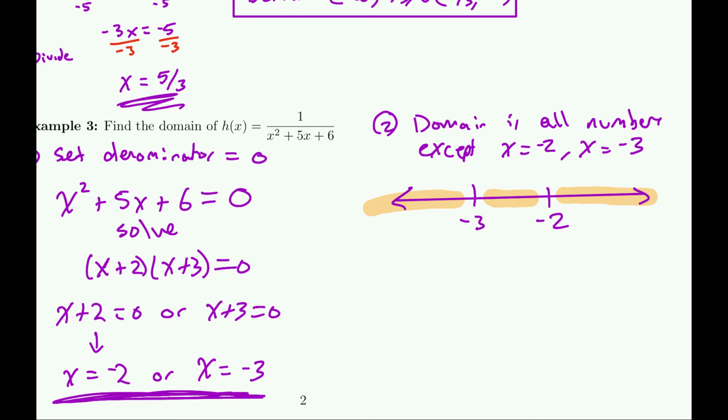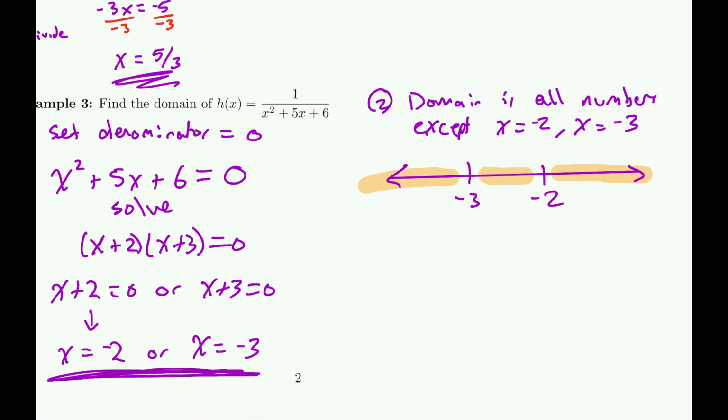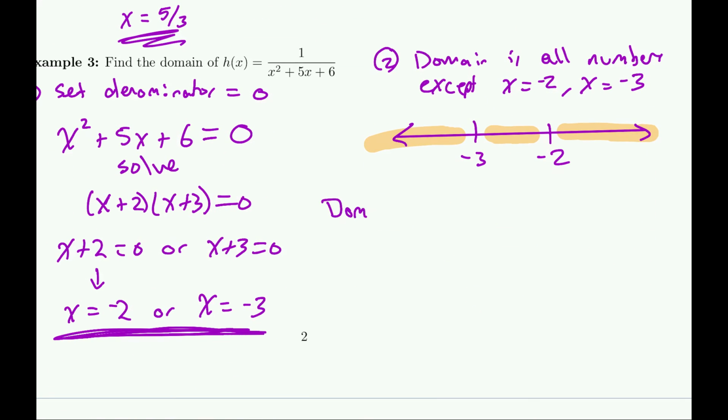Because what we want to do is leave out the -3 and leave out the -2. So we're going to write it in this type of notation, but instead of just having one number to leave out, like 5/3, we have to leave out the -3 and the -2. So you have to write it in three pieces. Your domain is actually, this section of the graph is -infinity up to -3.